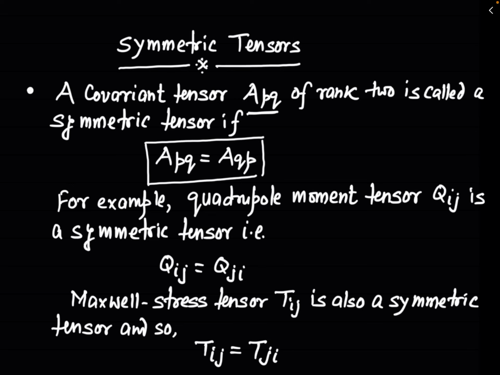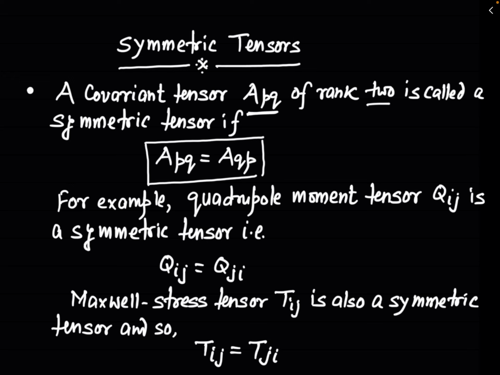So in the beginning, we consider a covariant tensor of rank 2, and this has been written by the symbol A sub PQ. This tensor A sub PQ is called a symmetric tensor, but the condition is that A sub PQ is equal to A sub QP.